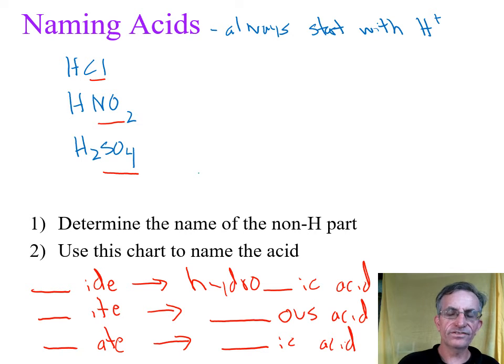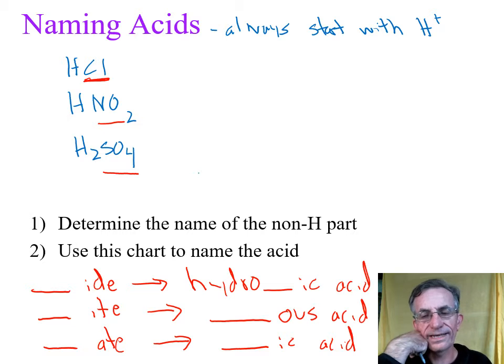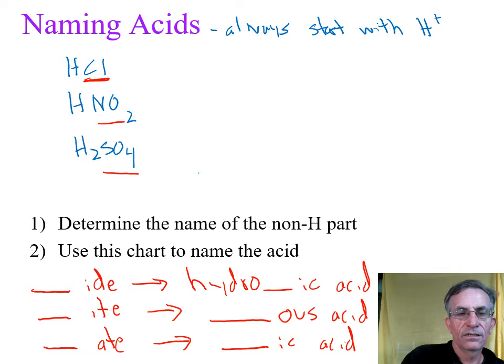All right, so first example here, HCl. When you have Cl and it's part of a compound, we don't call that thing chlorine anymore. What do you call Cl when it's part of a compound? Not chlorine, it's called chloride.